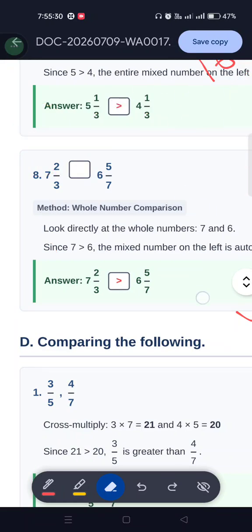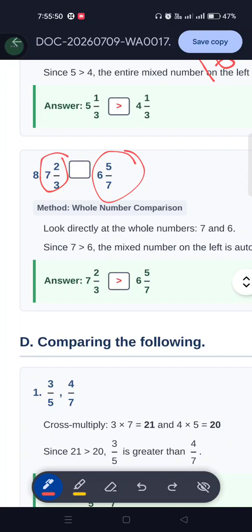Now the second question, question number 8, which is the last question of part C. You can see here 7 into 2 by 3 and 6 into 5 upon 7. Both are mixed fractions. So you will change these mixed fractions into improper fractions first of all.